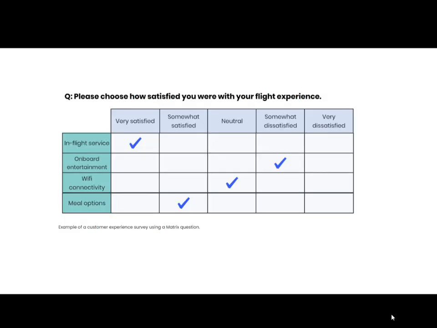And I will give two examples. This for the matrix question, and as you can see, you check the cells at the intersection relating the items in the first column with the items in the first row.